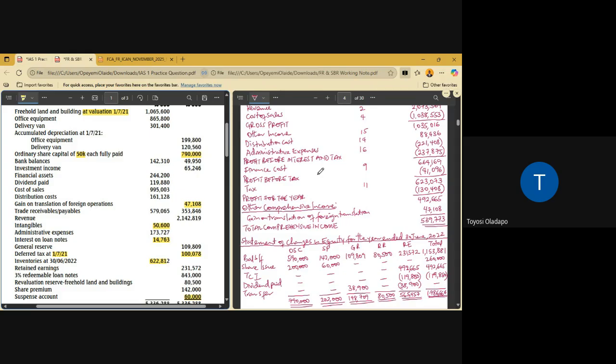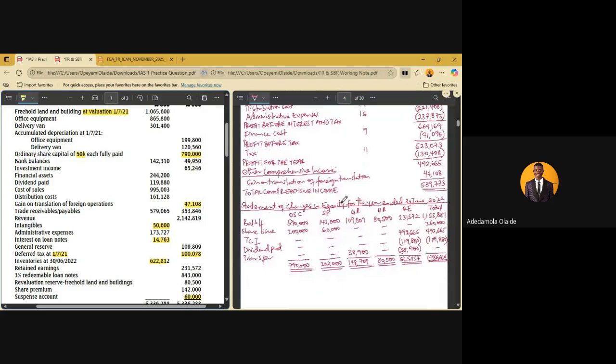For the statement of changes in equity, the total figure is not 78,666. The total for changes in equity is 1,786,746.